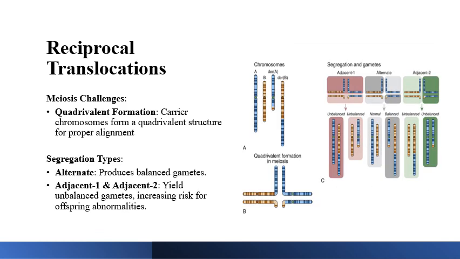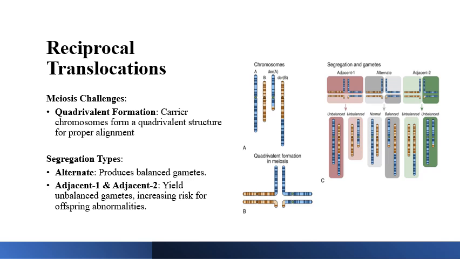So as I mentioned before, reciprocal translocations are often balanced and pose no risk to the carrier, but can lead to unbalanced gametes, which means they can be unbalanced in offspring. So in this slide, it shows how chromosome translocations can lead to different gamete outcomes. So in meiosis, chromosomes form a quadrivalent structure to align and then they segregate. During the segregation, there are three main patterns that occur. We have adjacent 1, adjacent 2, and alternate.